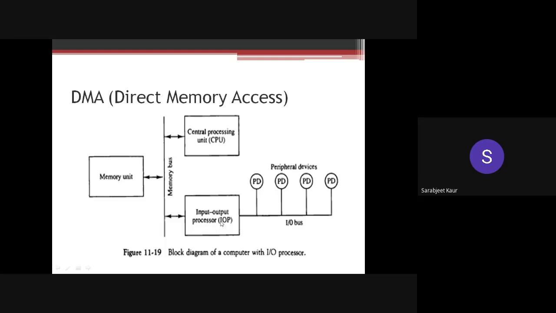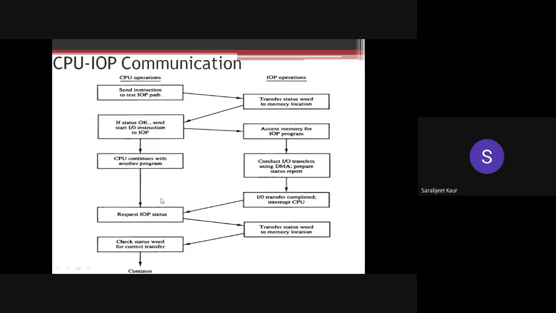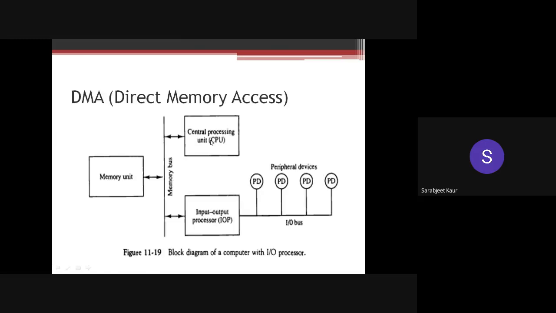So for the time of the IO transfer, the IOP asks for the control of the memory bus from the CPU. This is said to be the bus request issued by the IOP to the CPU, and the bus grant given by the CPU to the IOP.